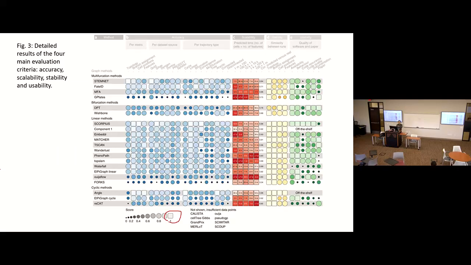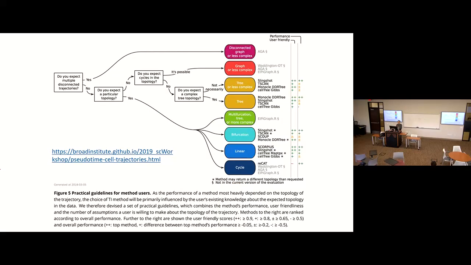So based on this analysis, they gave you some guidelines: which method you should pick, what you should consider. So I just pay attention to Monaco 2, this DDR tree. I think Monaco 3 has not been published yet, but this should be the algorithm still used.